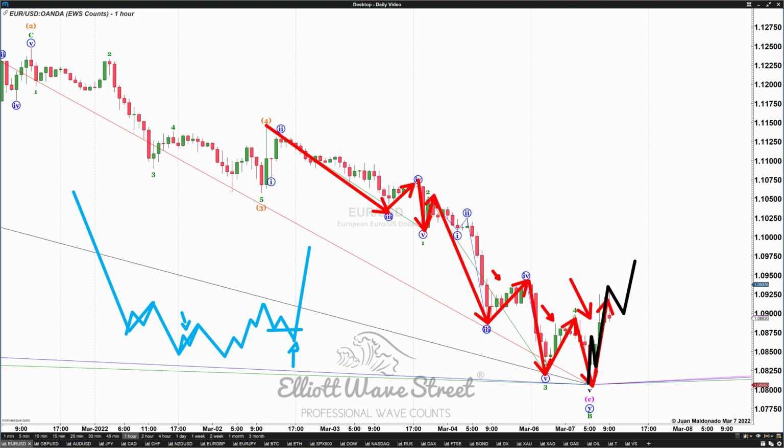All those feelings, don't worry about that, because the good news, if we have a clear impulse that we don't have yet, is the fact that then we can work with the corrective to find the end of the corrective and trigger the trade and start following the move up for a strong move, a wave 3. But only if you have the whole setup.